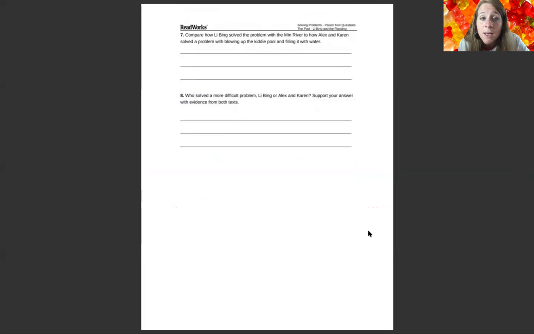Compare how Li Bing solved the problem with the Min River to how Karen and Alex solved a problem with blowing up the kiddie pool and filling it with water. Okay, again, this is compare. It's telling how they're similar again. And I feel like it's almost repeating the last question.